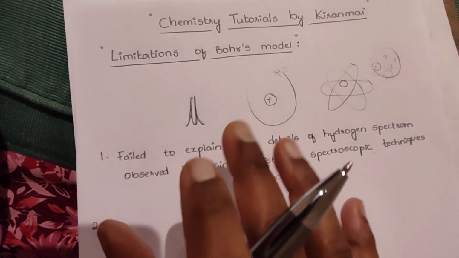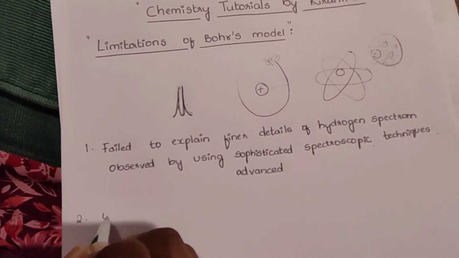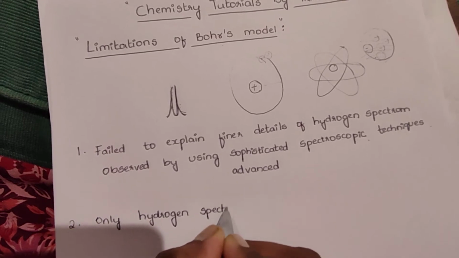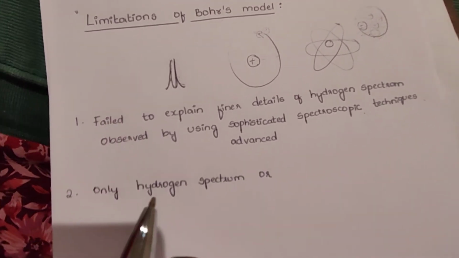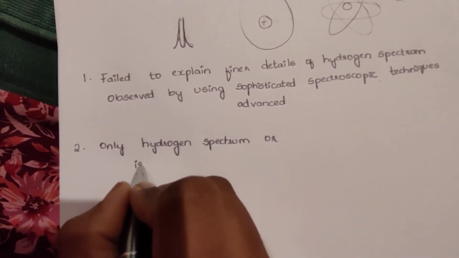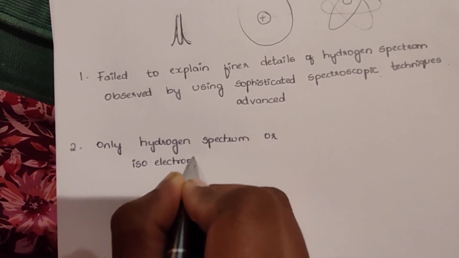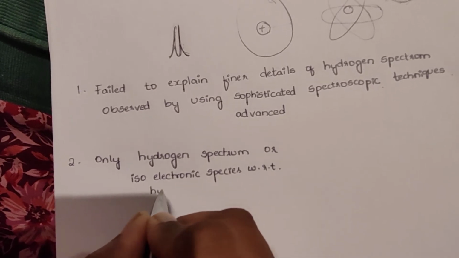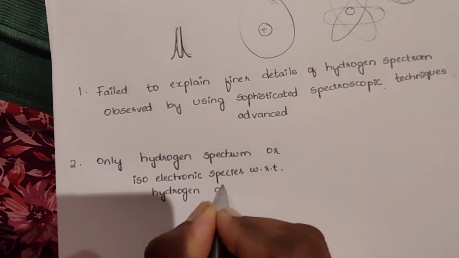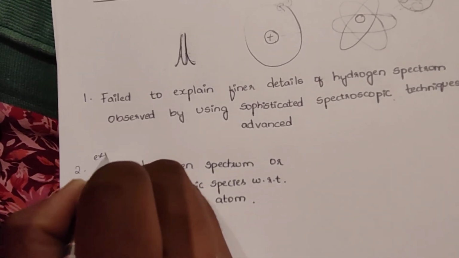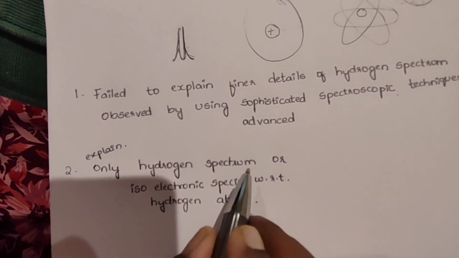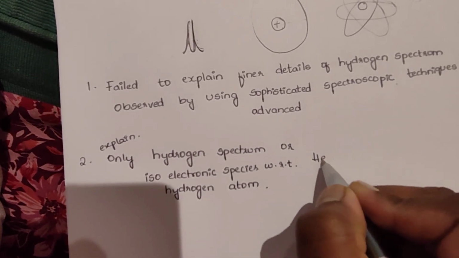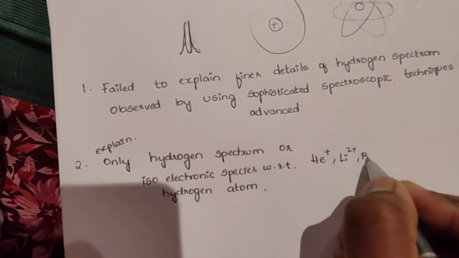That is, it can only explain the spectrum of hydrogen or hydrogen like atoms, that is isoelectronic species with respect to hydrogen atom, such as helium plus, lithium 2 plus, or beryllium 3 plus.